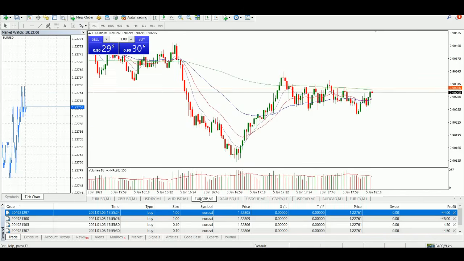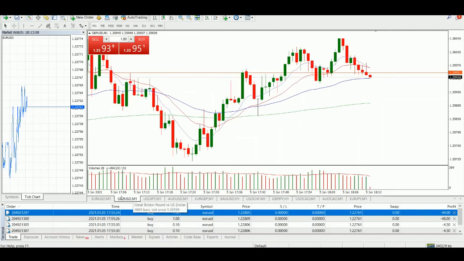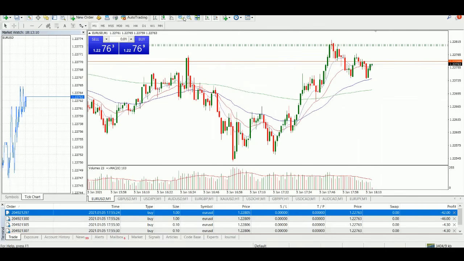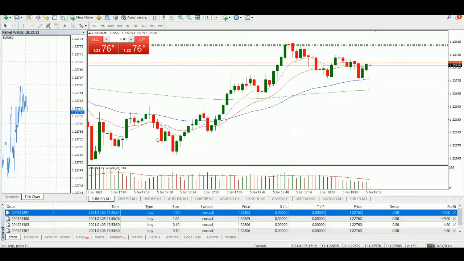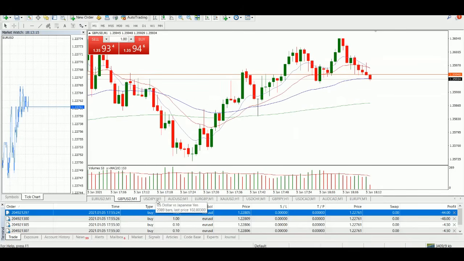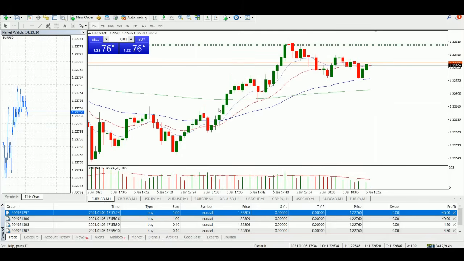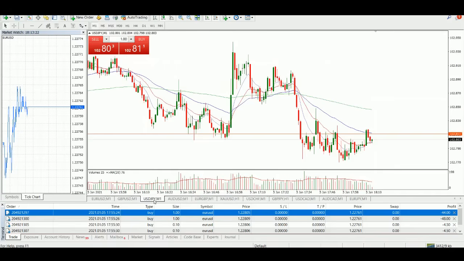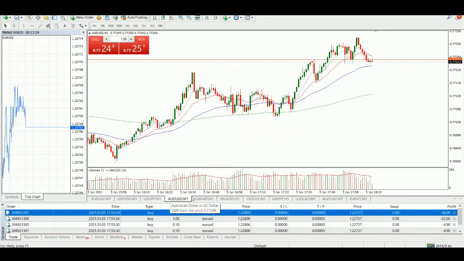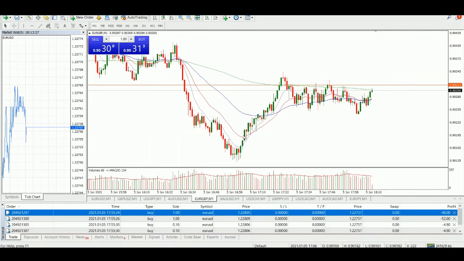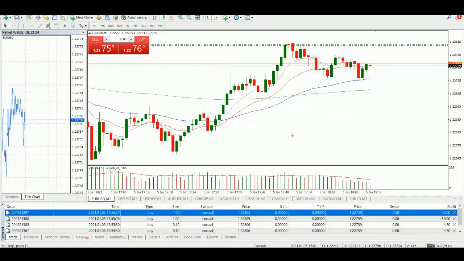Also from here, I will be trading all of these markets. I'll be trading all of these markets almost. We are still waiting for the price to bounce. We need this big volume. We are waiting for it. We need it.